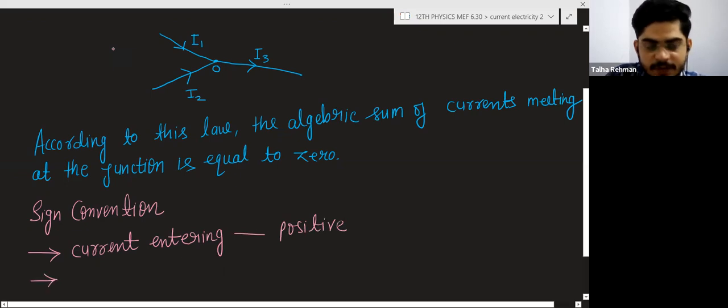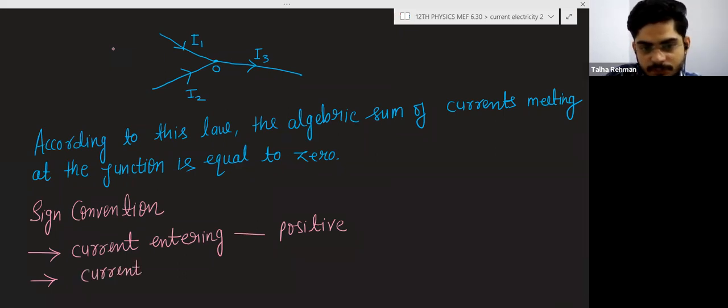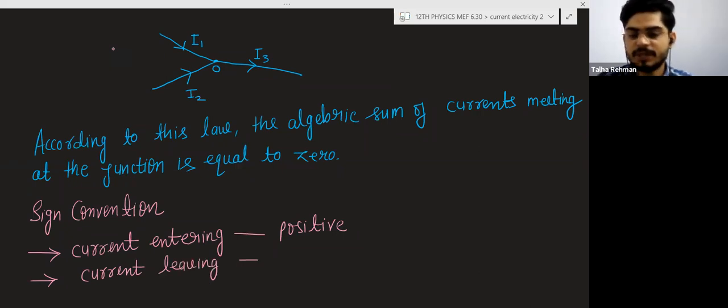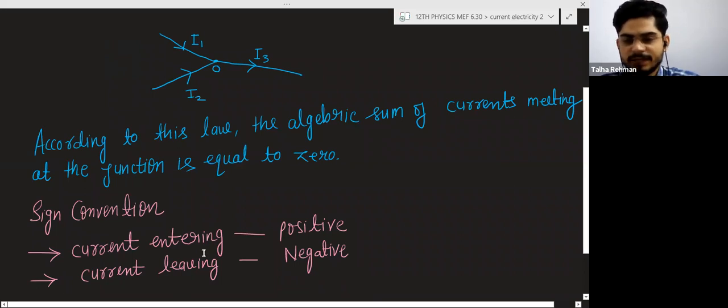If the current is leaving the junction, then that current you can take as negative. You will take this sign convention. This is not mandatory. You can take current entering as negative and current leaving as positive. The answer will remain the same, but I will advise you to take this.